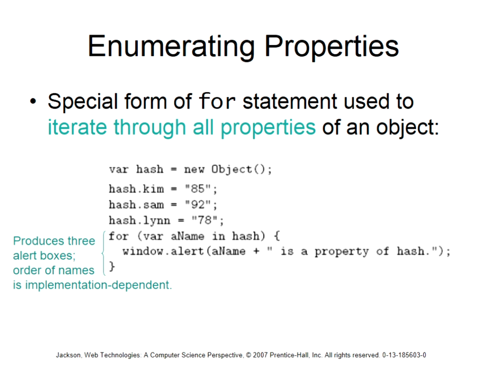So if we have an object, here in my example I prepare an object. The name of this object is hash, and after that I write hash.kim equal, hash.sum equal, hash.len equal. Here, in the previous example, I don't use new Object because there are 2 manners to create an object.